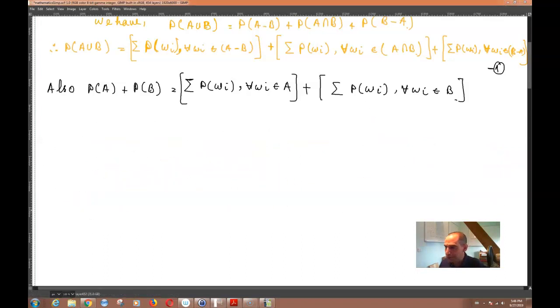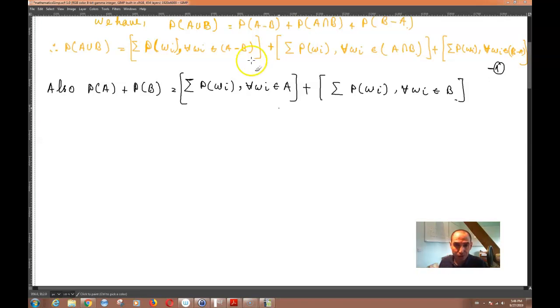Basically it's the same thing, which you can write the same thing as, for all omega of I belonging to A minus B union with A intersection B.